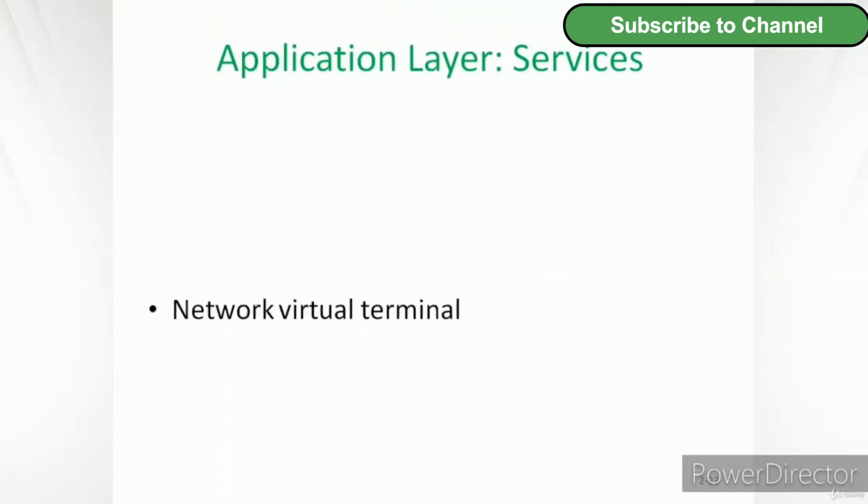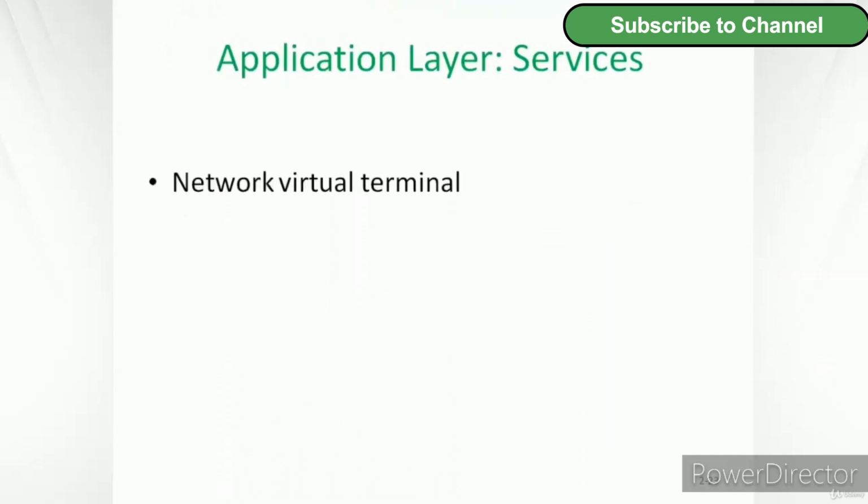Application layer services: we can see over here the network virtual terminal. As I told, that is remote login, meaning the remote machine can be logged into from your location. Then mail services: we can send the mail or receive the mail.